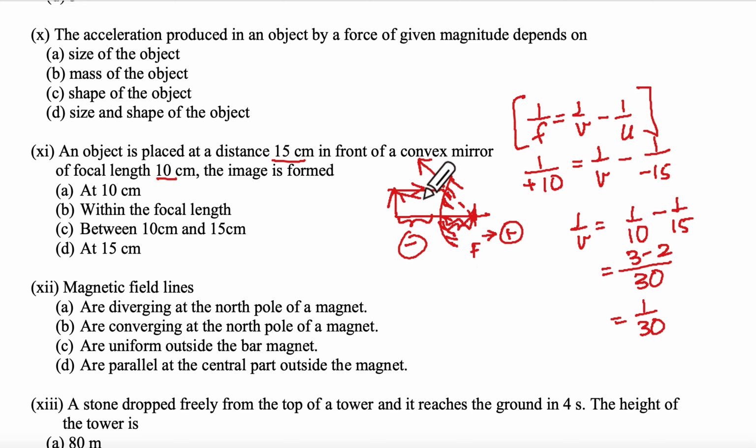The second ray will be directed at the radius of curvature this way. So where the two rays will appear to be meeting, it will be between P and F, correct? That means this distance is 10 centimeter, correct? Yes, ma'am. So within 10 centimeter means this should be the case. What are you getting?